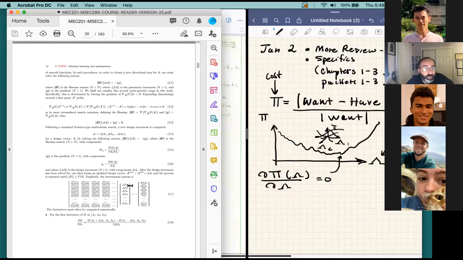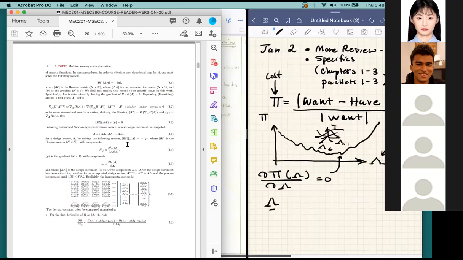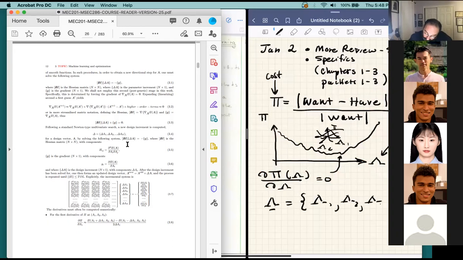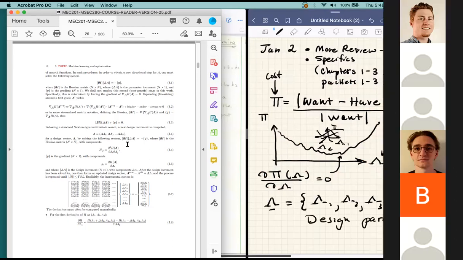So in the abstract, we're going to have many parameters. We're going to call the design parameters here lambda 1, lambda 2, lambda 3, all the way to lambda n. These are the design parameters, and this is the design vector.